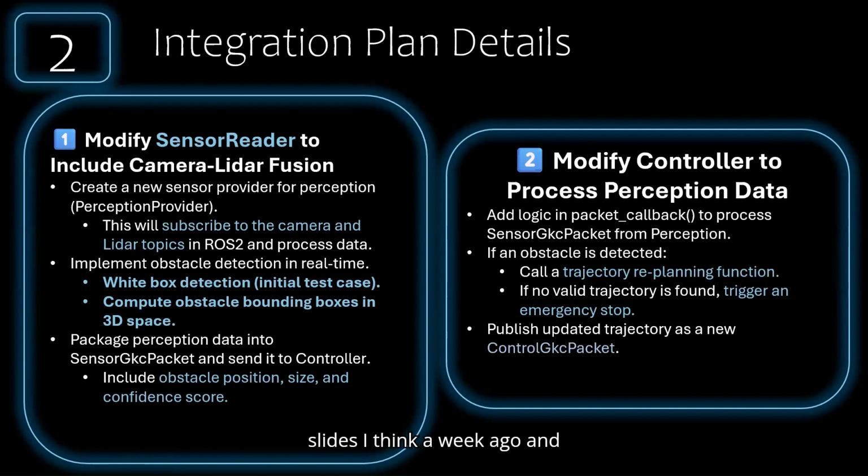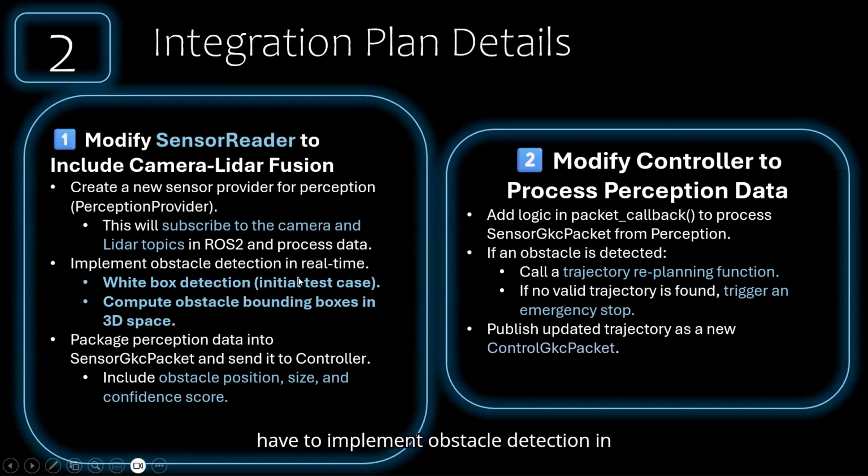I made these slides, I think, a week ago, and I've been in the lab messing with the Livox HAP and some of the depth cameras and being able to see the feeds. So I'm getting closer to figuring out that camera LiDAR fusion, but we're basically going to need to create a new sensor provider for perception. We'll call it perception provider, and this will subscribe to the camera and LiDAR topics in ROS2 and process the data.